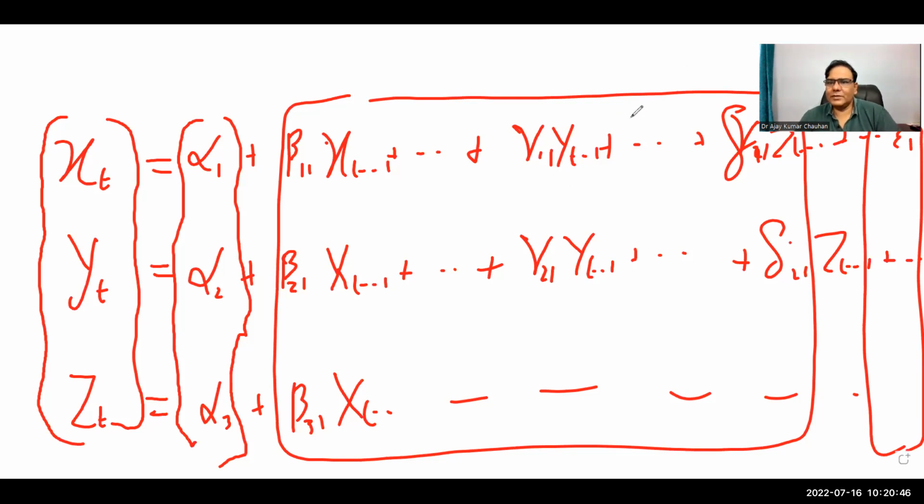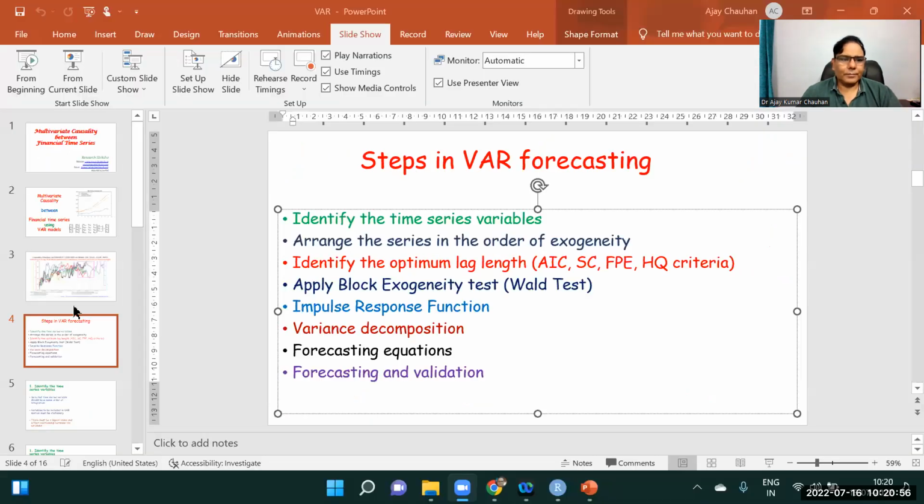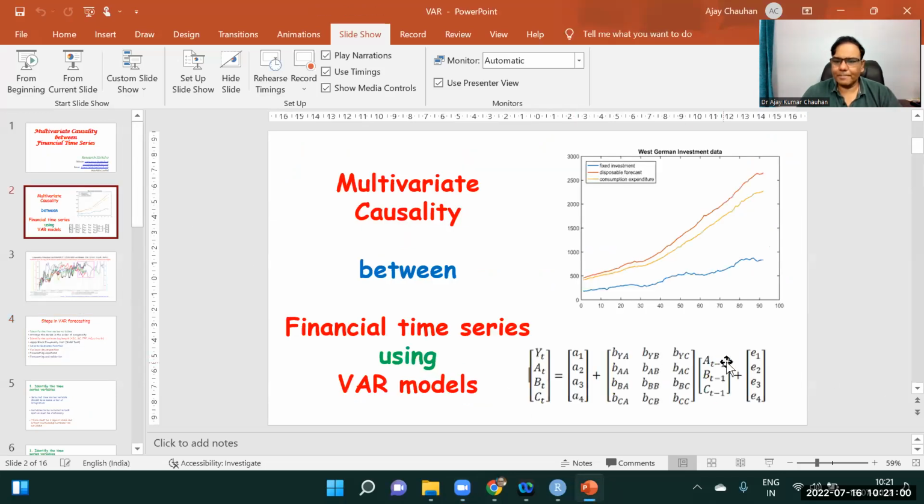So this whole system is represented like I am showing you how it looks like. So this system is looking like this. Let me play slide show.